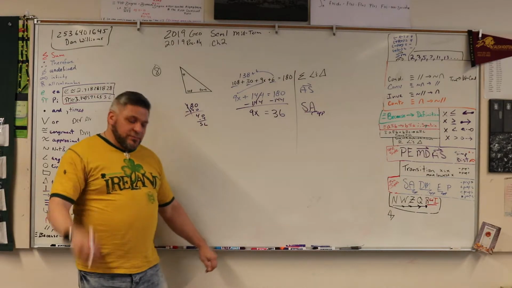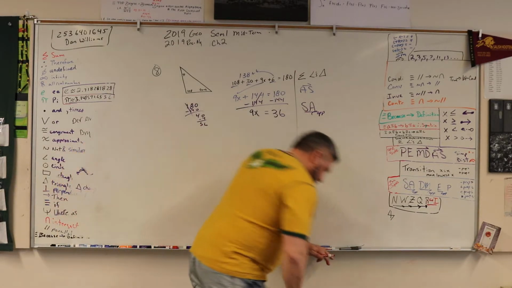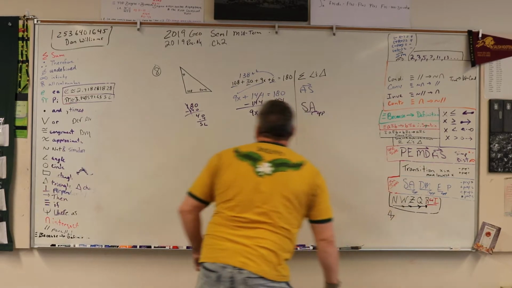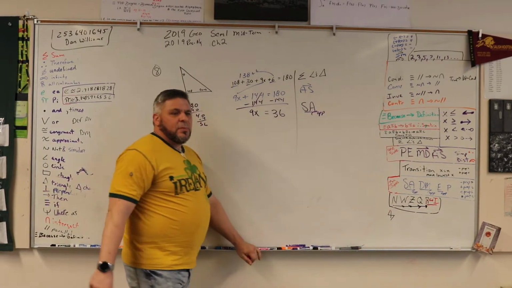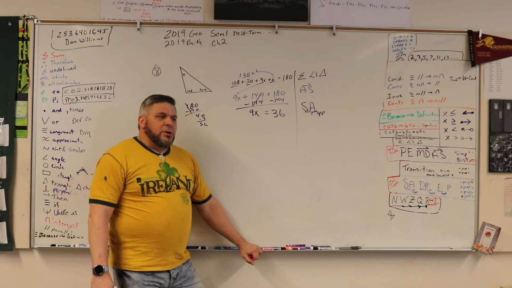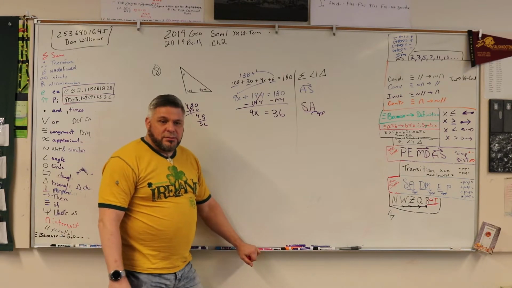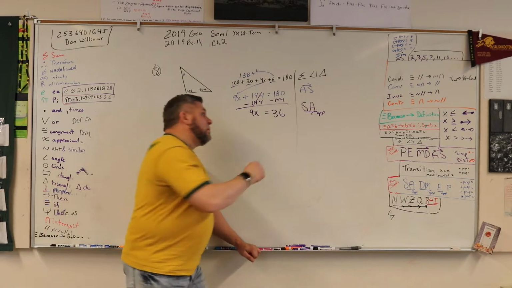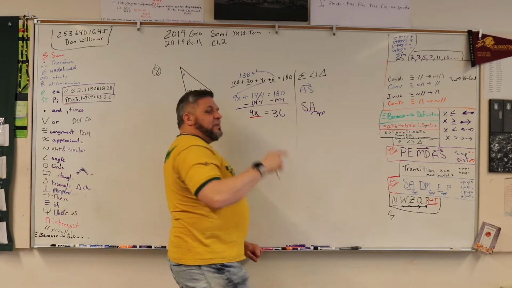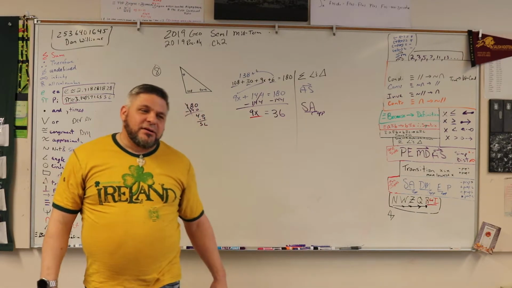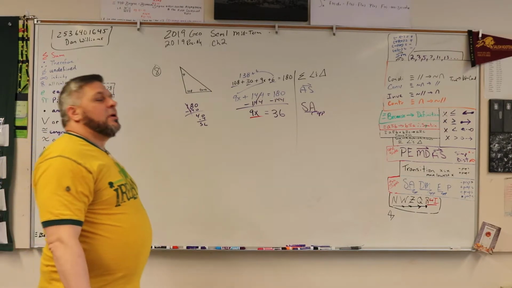What do I do next? How do I get x alone? You gotta divide. Now you just made the mistake that the other kids do: 9 divided by x.